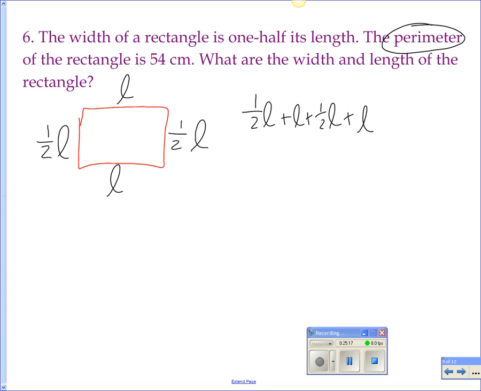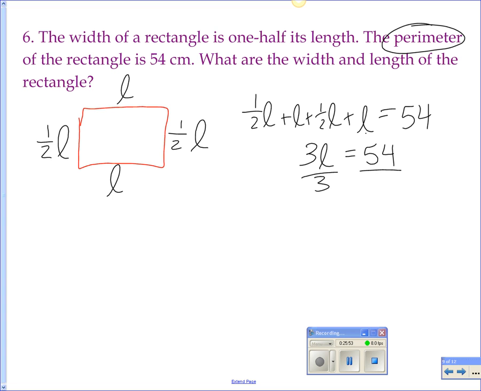Andrew, what is that going to equal? All right, guys, what's a half plus a half? A whole L. Plus we got a whole L here and a whole L here. Chuck, what do you do next? What do I do next here, Chuck?